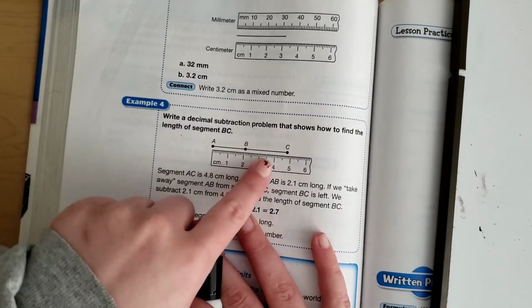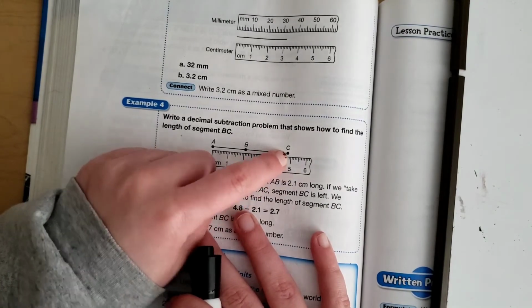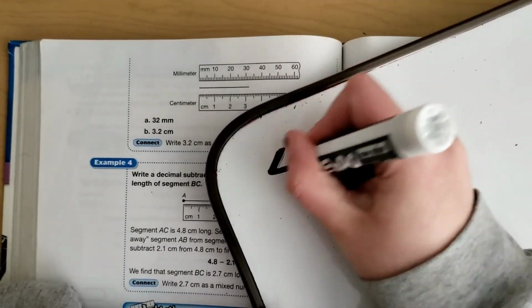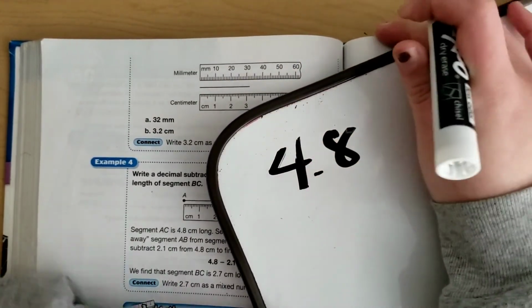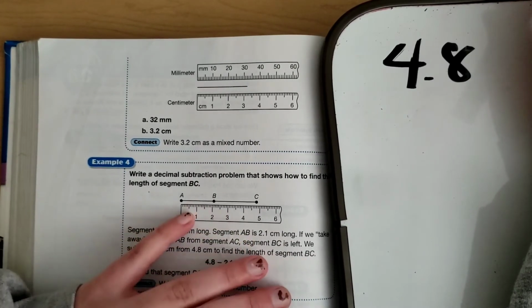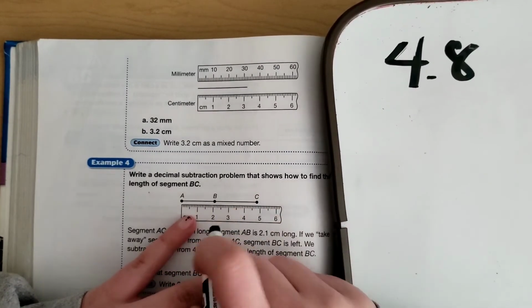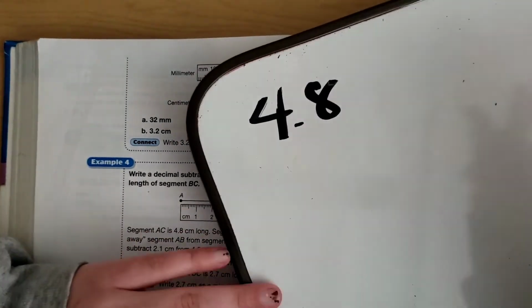So A all the way to C, we go 4, and then 5, 6, 7, 8. So AC is 4.8 centimeters long. And then it says segment AB is 2.1 centimeters long. So we can go 2, and then it's just right there at that 1. So 2.1.